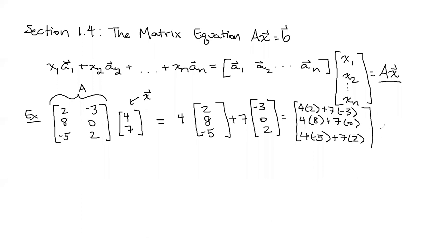And if we do that out, what is that? 8 minus 21 is negative 13. 4 times 8 is 32. And 4 times minus 5 is negative 20, plus 14 is negative 6. So there we go. This is how we multiply a matrix times a vector. And we're getting that specifically from our vector equation that we talked about in the last video.